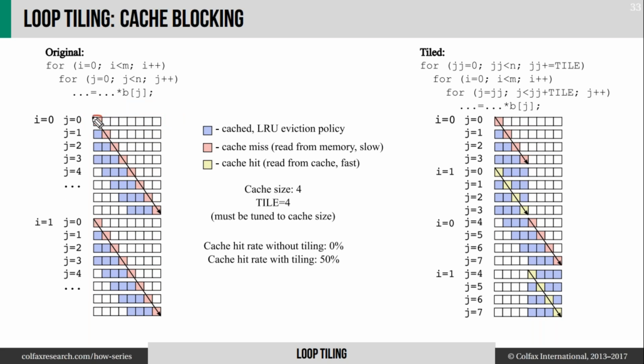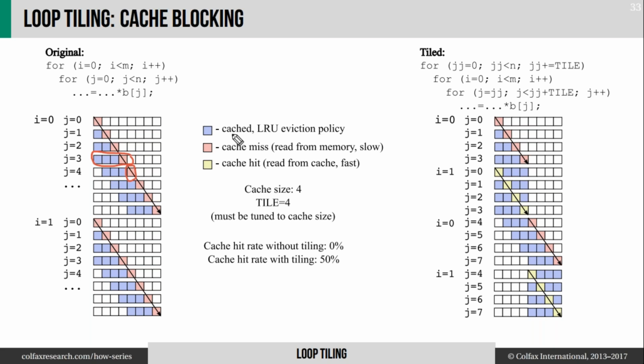So I'm accessing this element in b, and this is time. Accessing this element in b, I've never seen it, so I have to go to memory. This is a cache miss, and I have to endure the latency of the memory access. Then I will read the next element, j equals 1, but the previous element is now cached. Blue means it's sitting in the cache waiting to be reused. In this way, I will keep reading more and more elements until I fill up the cache. And when I have to read the next element, I will have to kick somebody out.